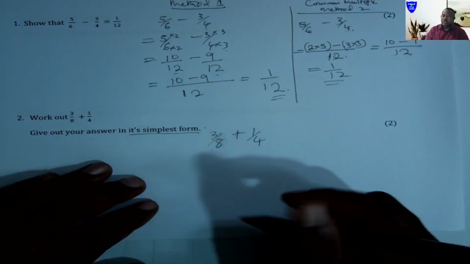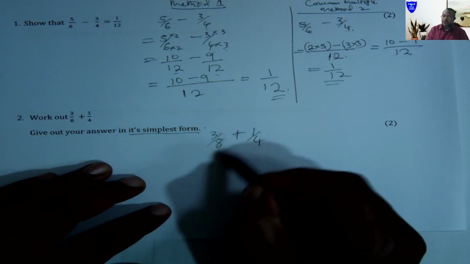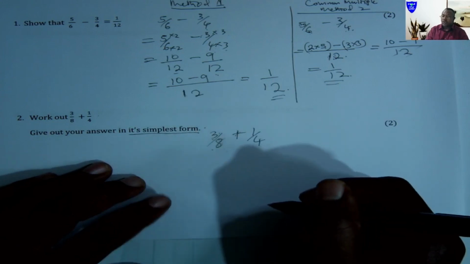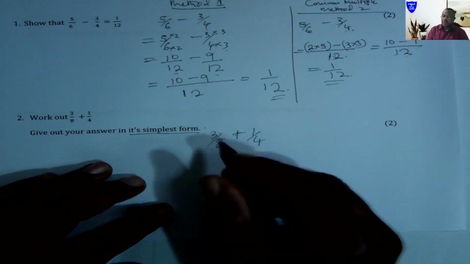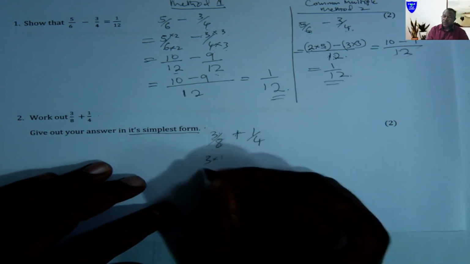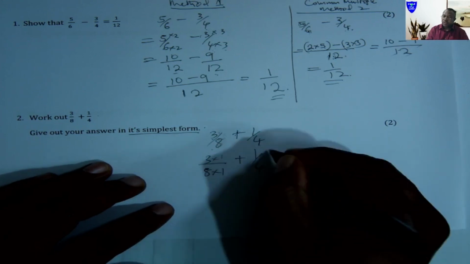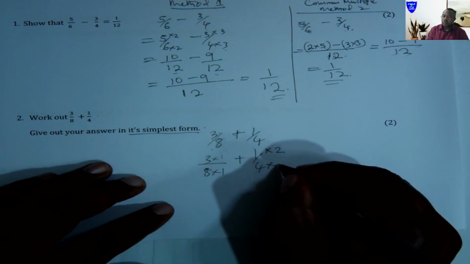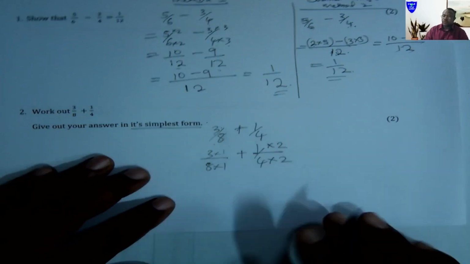Now, as you can see, what I'm going to do here is multiply the whole of this fraction by 1 and multiply the whole of this fraction by 2, so that 2 times 4 will give me 8. Okay, so this will be 3 times 1, 8 times 1 plus 1 times 2, 4 times 2.